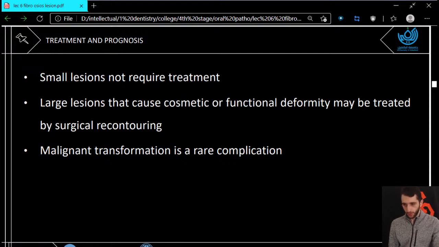Because these fibrous dysplasia lesions are important, we are talking about them briefly and not continuously.